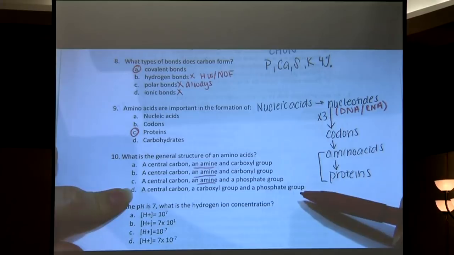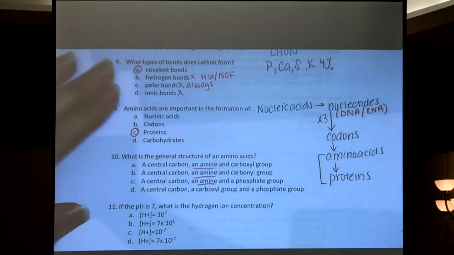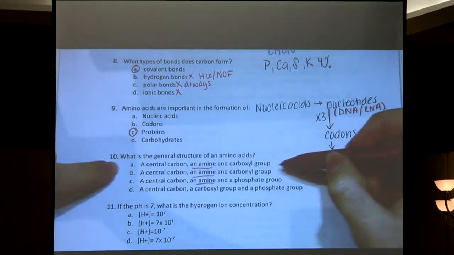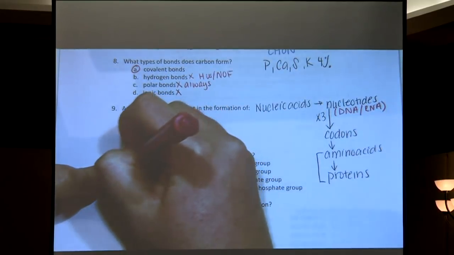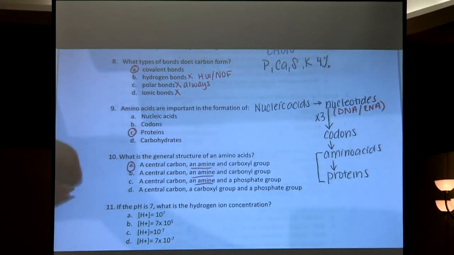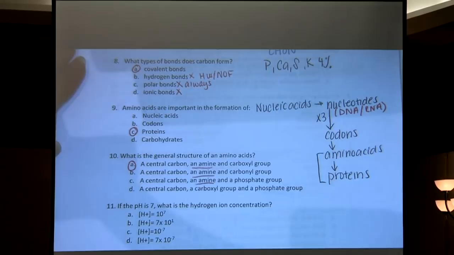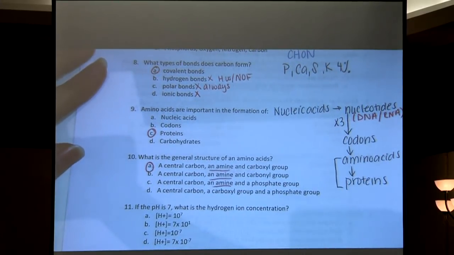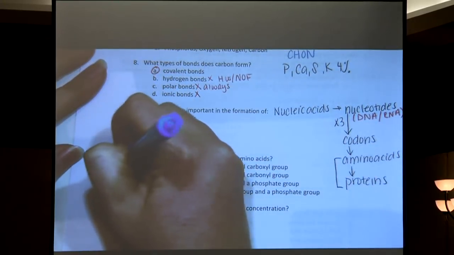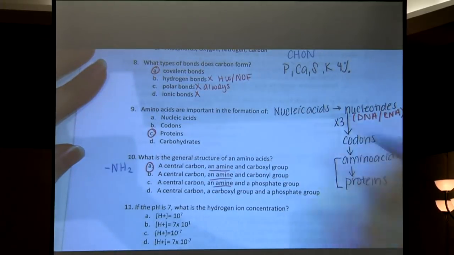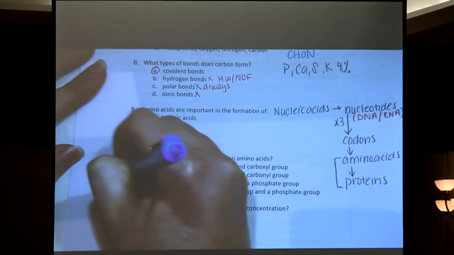However, the last part is where we're going to have to make our differentiation. We should also have a carboxyl group. Just to remember what those look like, our amine is NH2, and our carboxyl is COOH.